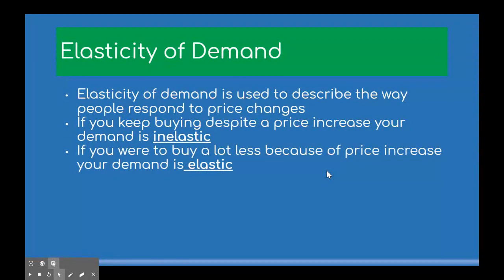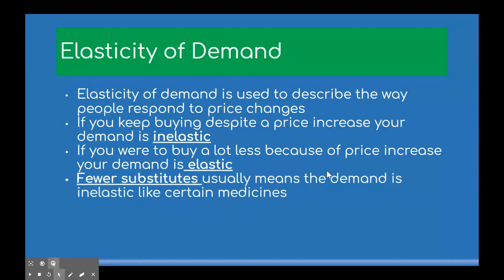If you were to buy a lot less because of a price increase, then your demand is considered elastic. It's going to change. The fewer the substitutes usually means the demand is inelastic, like certain medicines, like insulin. People are still going to buy insulin regardless of the price. Demand is often elastic for luxury items because those things change quite frequently.